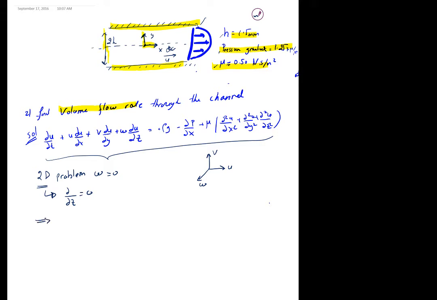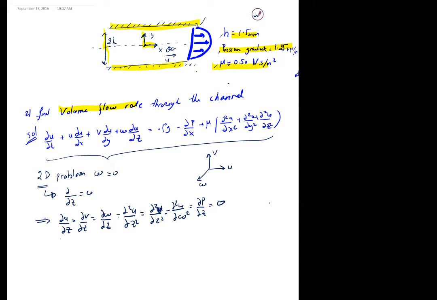This implies du by dz equals dv by dz equals dw by dz equals the d squared u by dz squared, which is equal to d squared v by dz squared, which is equal to d squared w by dz squared. Also, dp by dz is equal to 0.